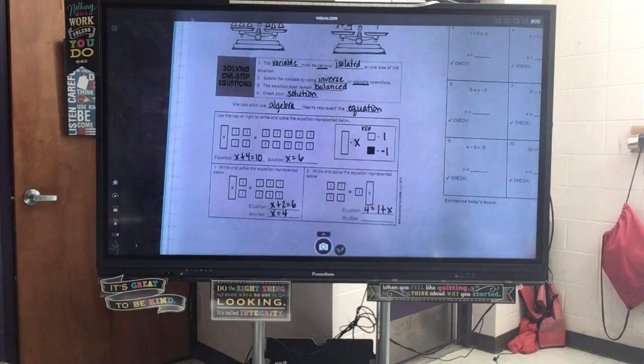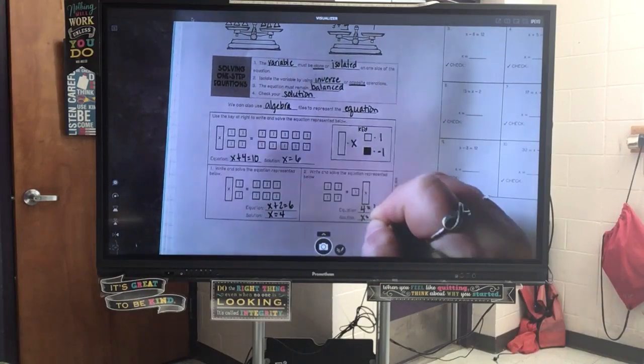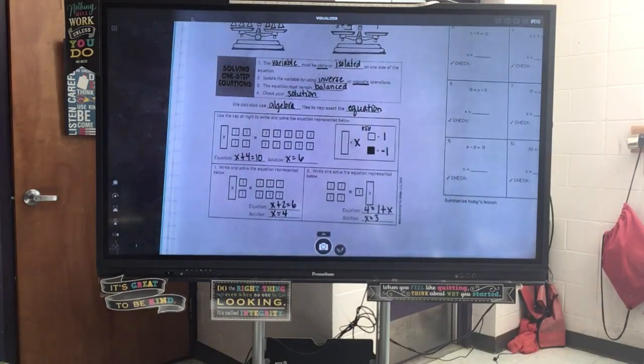Alright, and then what would our solution be? Kylie? Alright, so not terribly hard. Adding, subtracting equations, I don't think is hard. Like I said, it's the multiplying and the dividing that get a little bit more difficult.